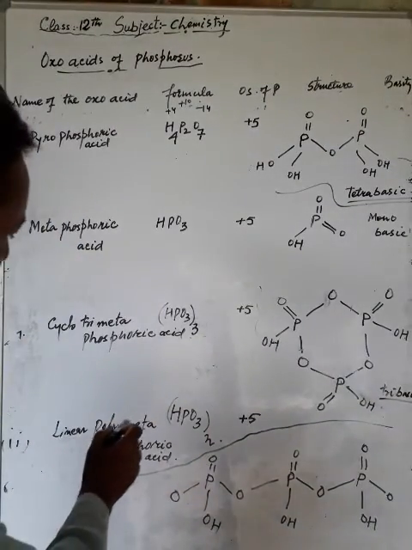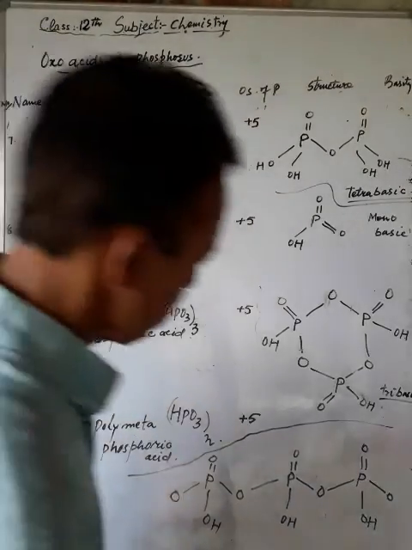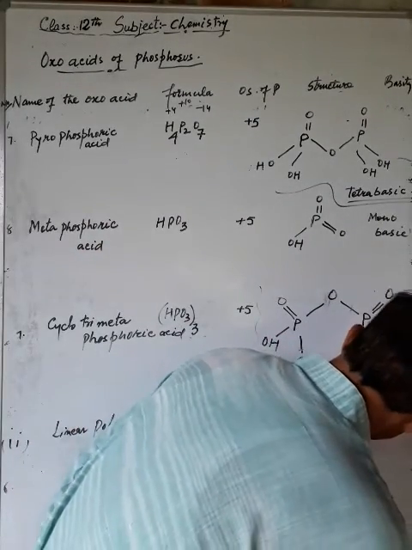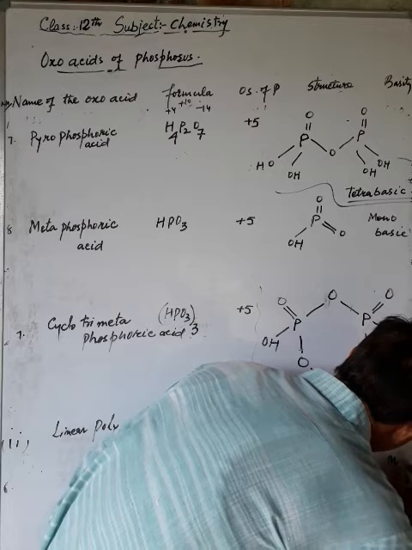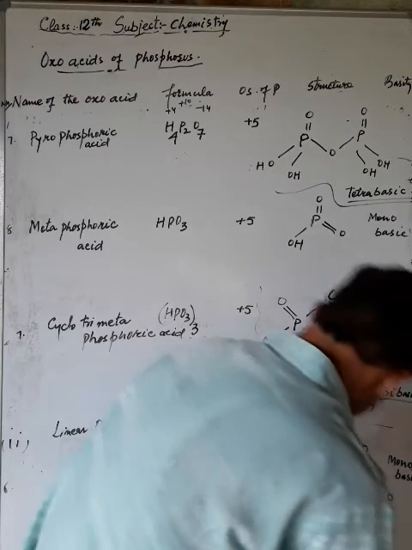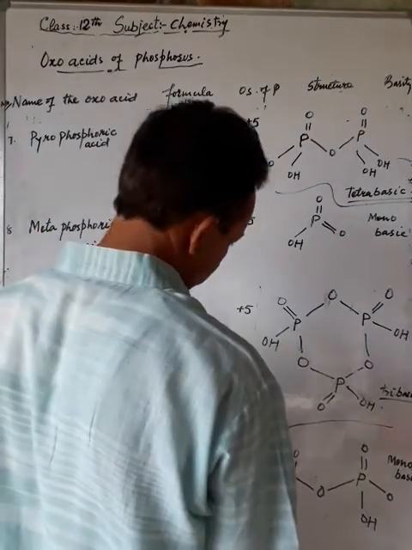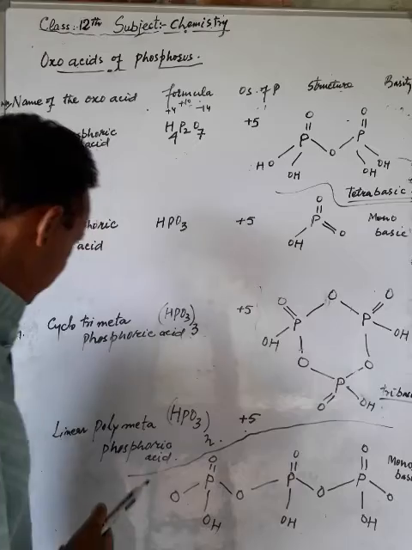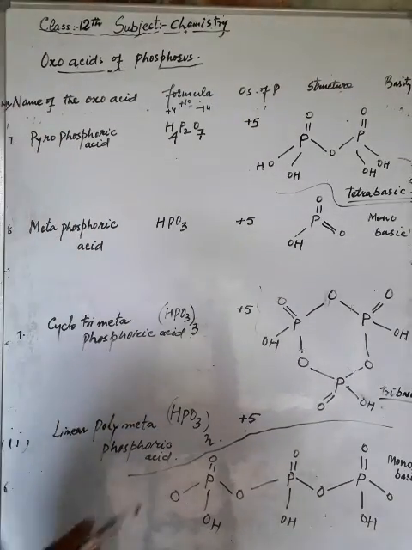So the linear polymetaphosphoric acid, HPO3, we are basically taking it as a unit, that is metaphosphoric acid, it is monobasic, and the oxidation state of the phosphorus is +5 in the linear polymetaphosphoric acid.